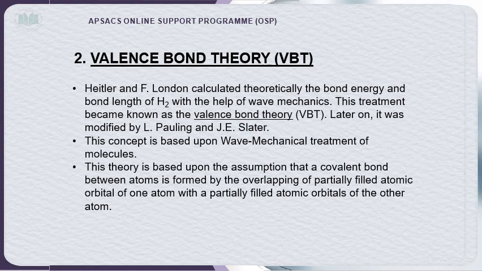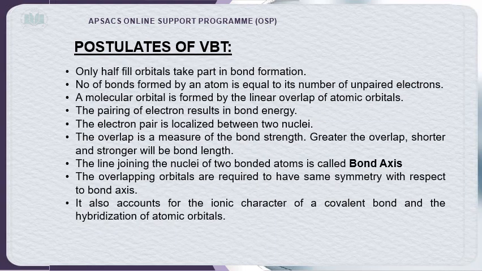Now it involves only the valence electrons, that is, the electrons which are present in the outermost orbit of the atom. They will undergo bonding to give the new bond formations, right? Now here the postulates of VBT are given. For this purpose, just consider two atoms. Suppose we want to make the molecule of hydrogen. You know very well the configuration of hydrogen.